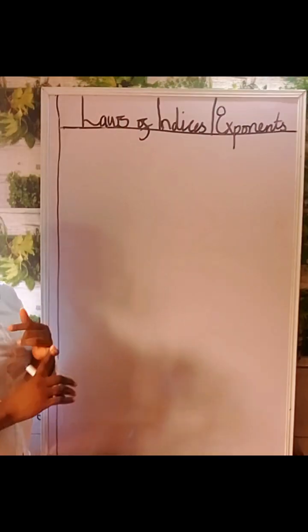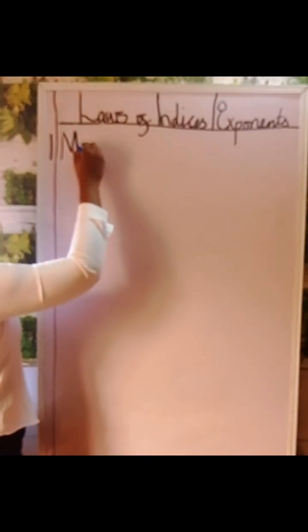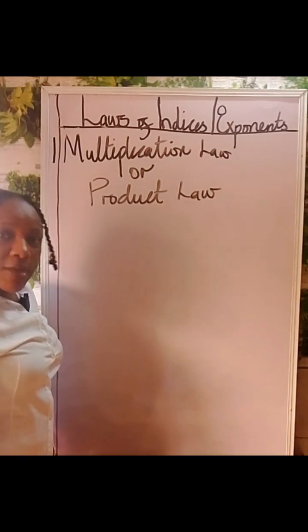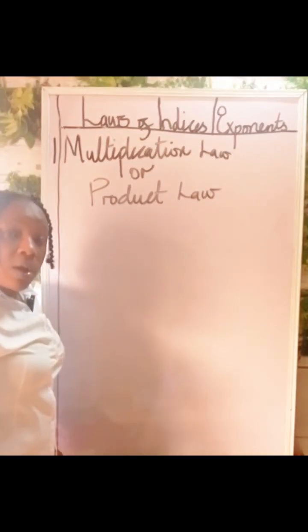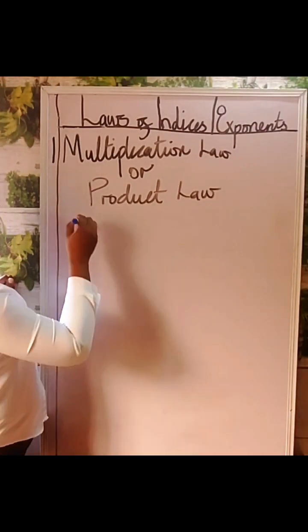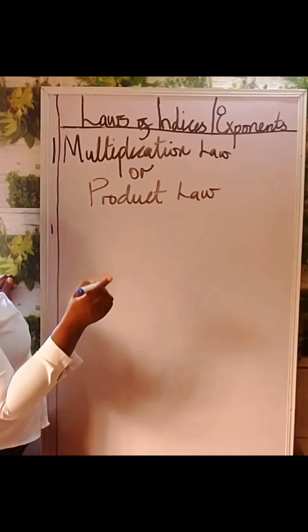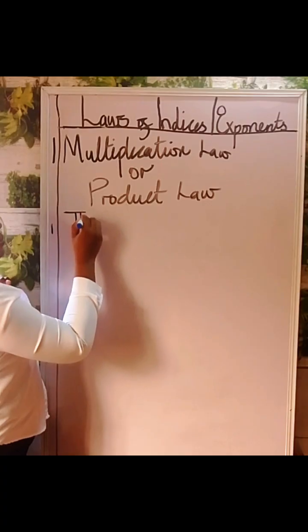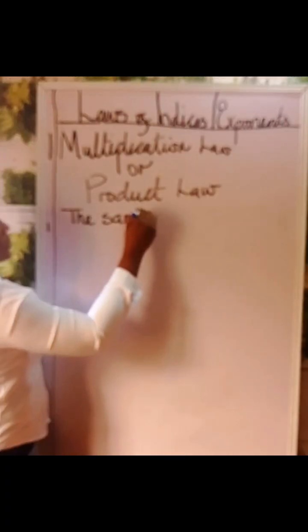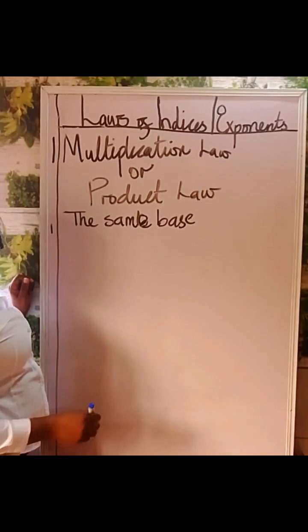Okay, we have the first law of indices. Multiplication law and product law are the same thing. And now the law says that when you have the same base, mind you, the same base, I hope you remember what base is.